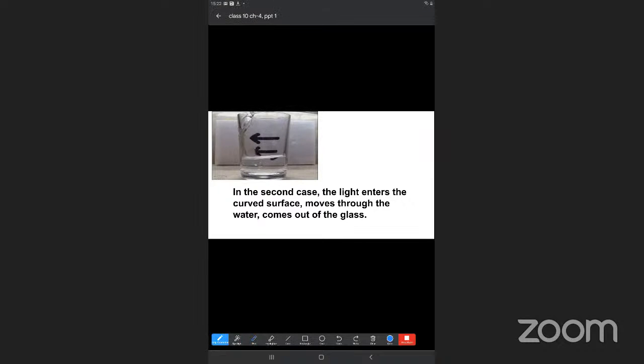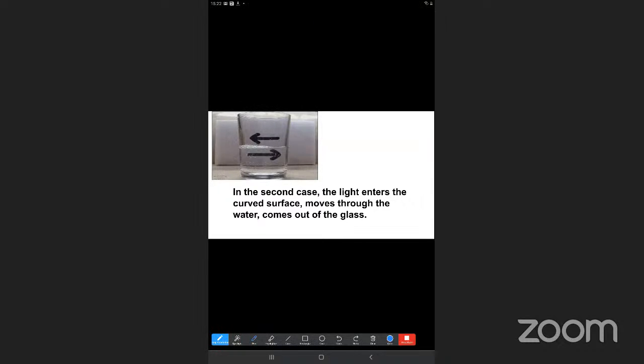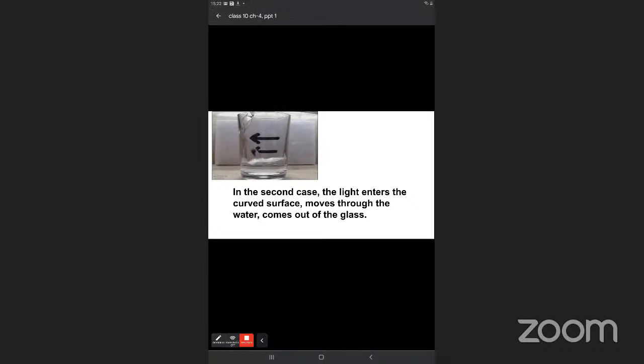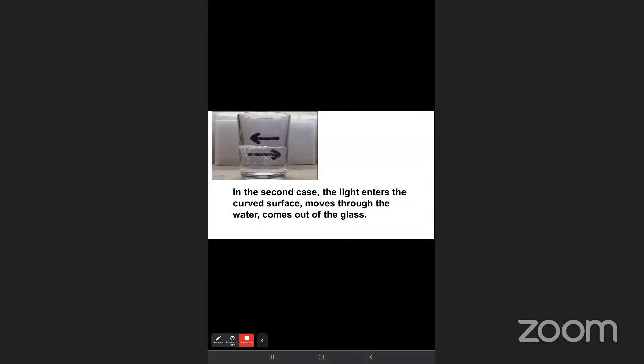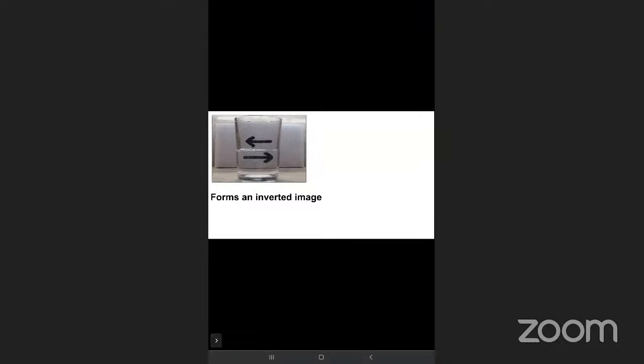First, light travels from air medium to glass medium, and glass medium to water medium. Again water medium to glass medium. From the glass medium the direction is changed, and we observe the inverted image. So light enters the curved surface, moves through water, comes out of the glass and forms an inverted image.